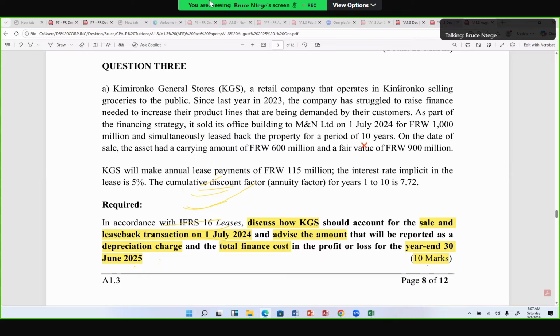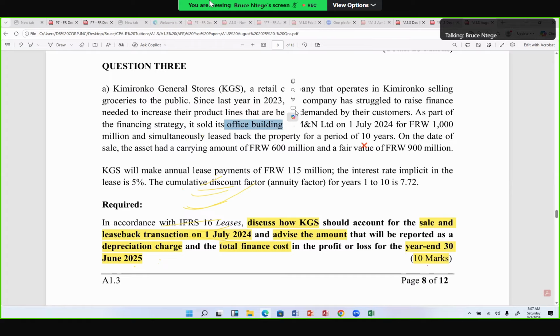Since last year, 2023, this company has struggled to raise finance, which they need to increase their product lines, because their product lines are being highly demanded by customers. Customers keep going to the supermarket asking for them. So as part of the financing strategy, they have sold off their office building.